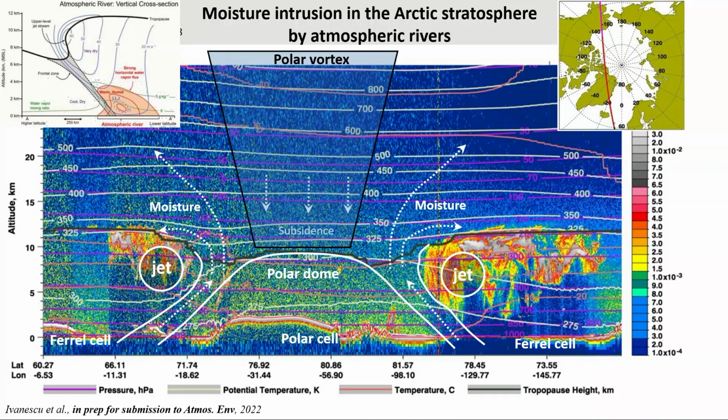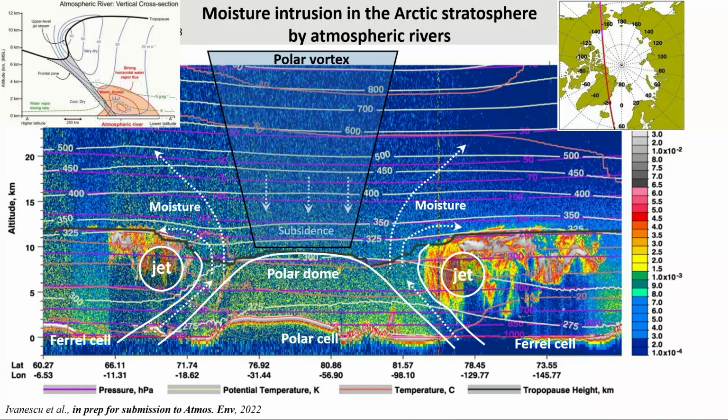What has been superimposed on them are the different circulation cells: the polar cell, the most important one, then the Ferrel cells on the right and left, and these cells tend to control in general all the circulation that goes on over the Arctic.